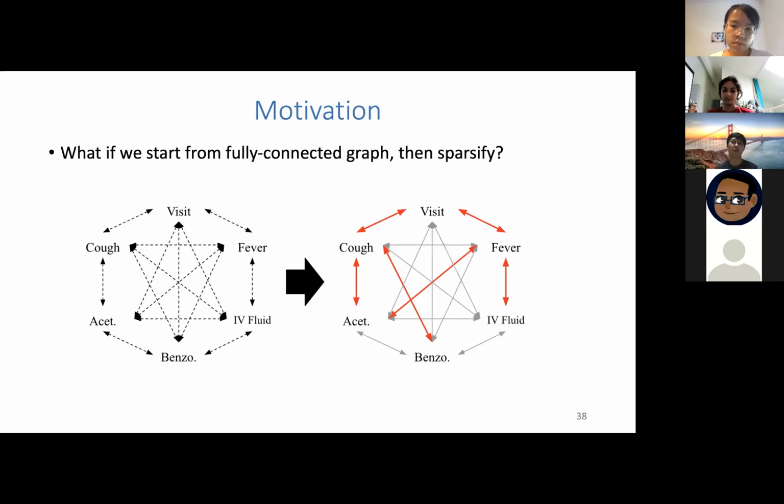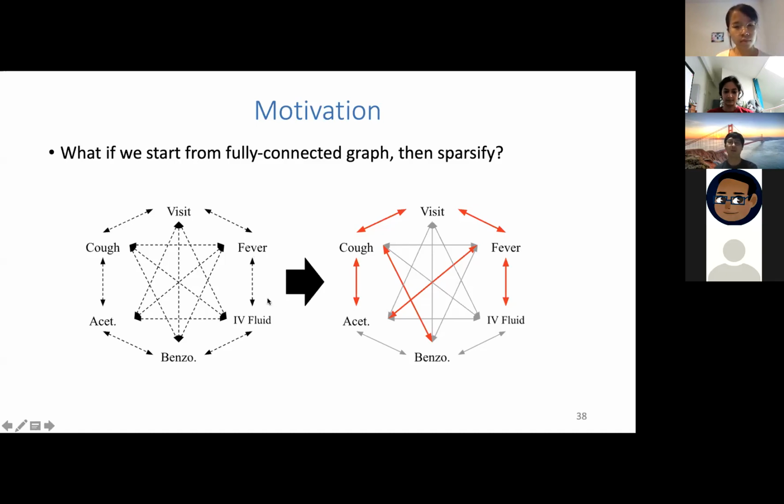So we simply start with an implicit fully connected graph, and as your model learns to do something, depending on the downstream supervised prediction task, it could be mortality prediction, heart failure prediction, anything, along the way it can learn to sparsify the graph and focus on more useful connections between certain subgroups of codes.